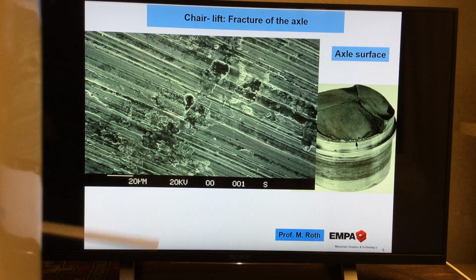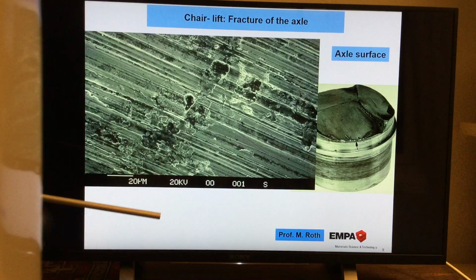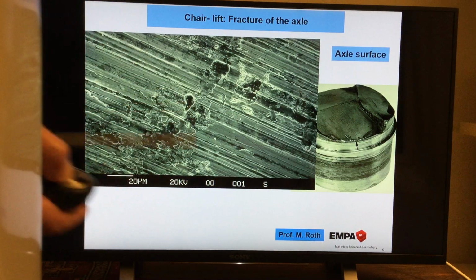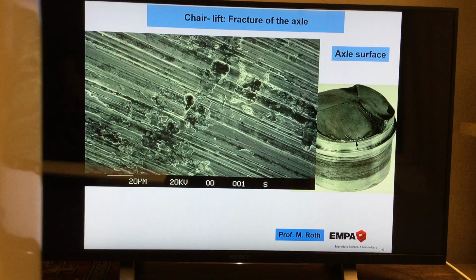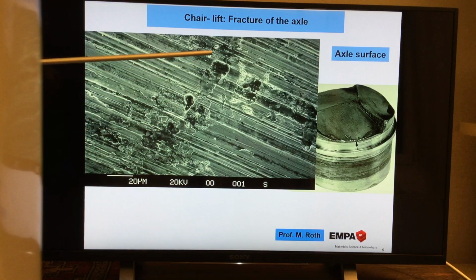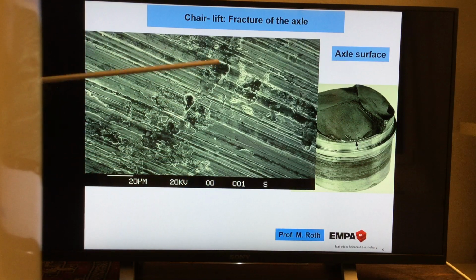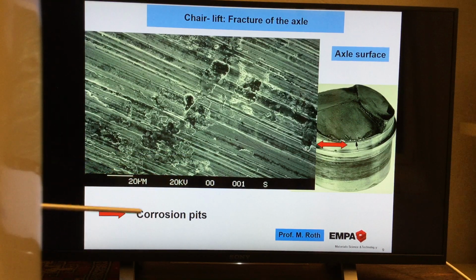So there's another possibility, and of course, when we know a little bit from literature what may go on, this is all very small holes, and it's a combination also. These holes are coming from a small corrosion attack, and they have the name corrosion pits. So here are corrosion pits.